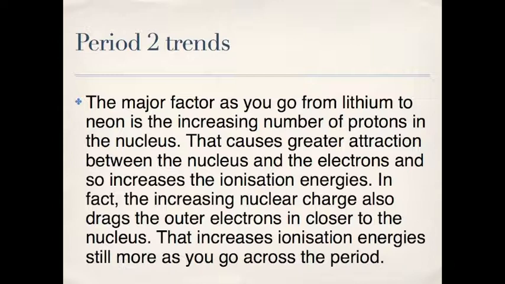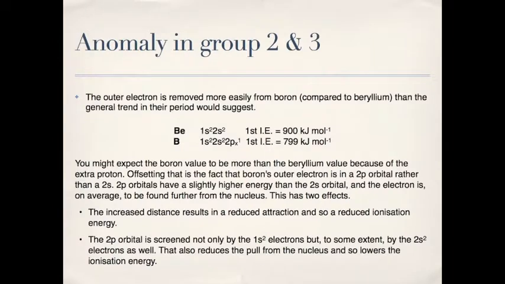Now why do they increase as you go left to right? Again, that has to do with the fact that you are gaining more protons in the nucleus, making it more positively charged. Now referring back to the bar graph, we notice that there is a general increase in ionization energies as you go from left to right, but there are some anomalies where we find that it actually went lower in one instance.